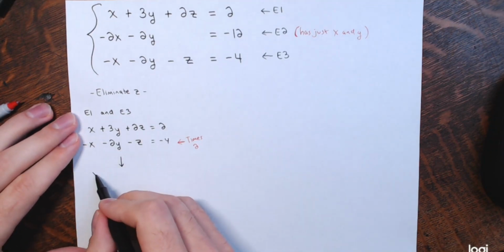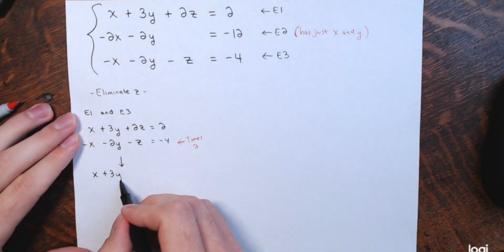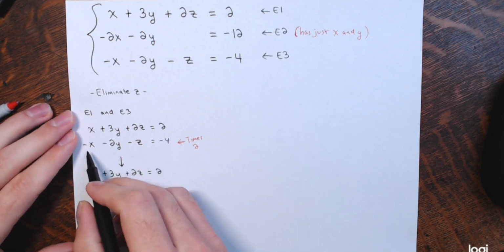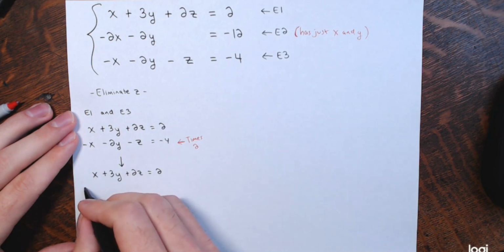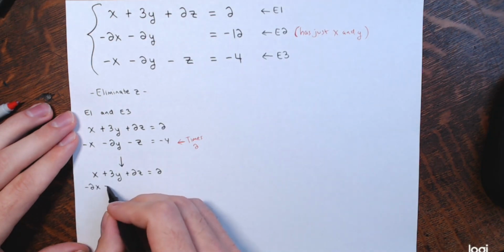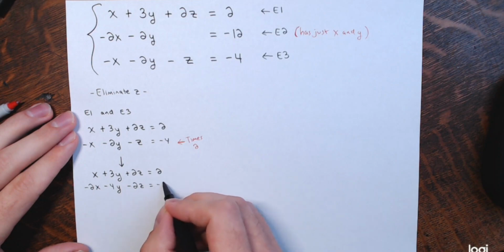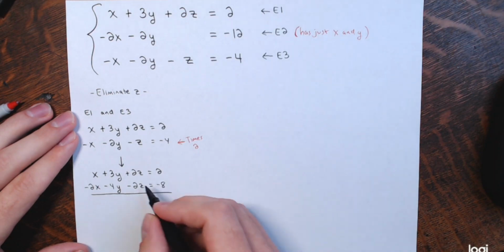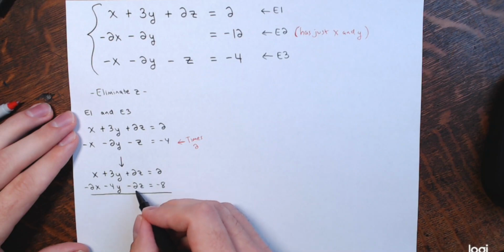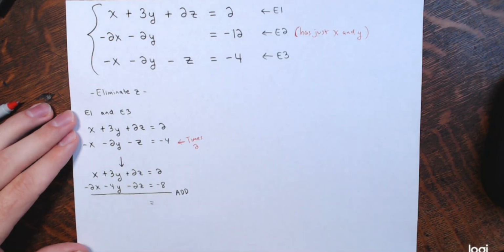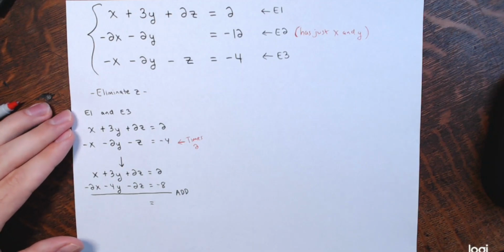First equation I didn't touch, right, so it's still x plus 3y plus 2z equals 2. The second equation, I'm multiplying everything by 2, so we have negative 2x minus 4y minus 2z equals negative 8. Now the coefficients of the z's are opposites, so when I add the sides together to make a new equation, the z's will be eliminated.